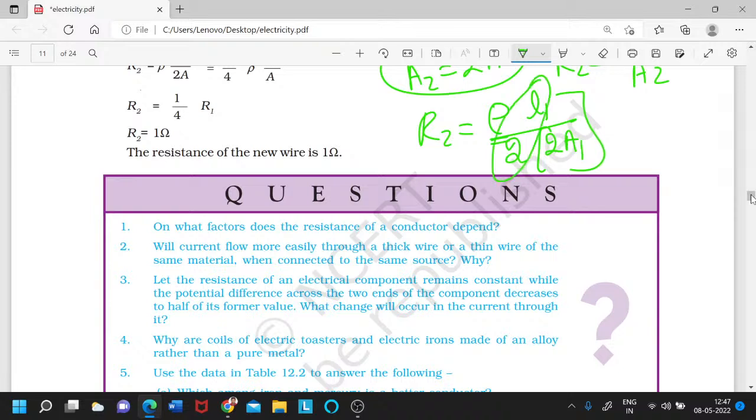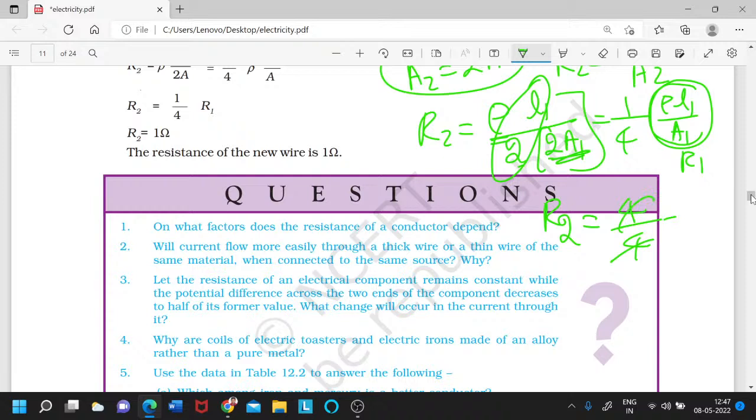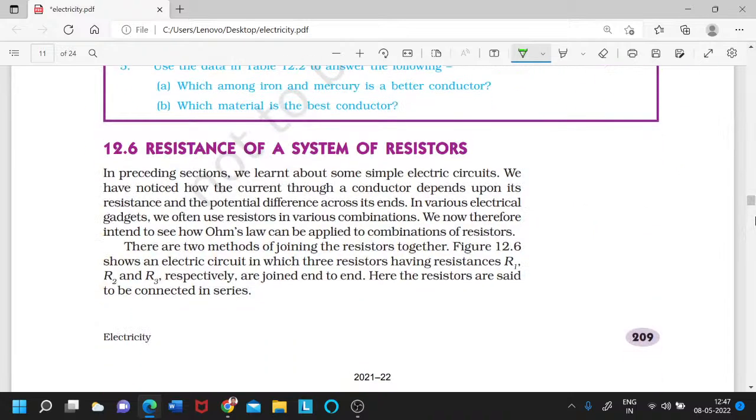Length halved and area doubled, 2 times 2 is 4. So 1 by 4 rho L1 by A1. L1 by A1 with rho, I already told you, is called R1. R1 is how much? 4. So 4 by 4, the answer will be 1 ohm. Very simple. R2 will be 1 ohm. Next question.